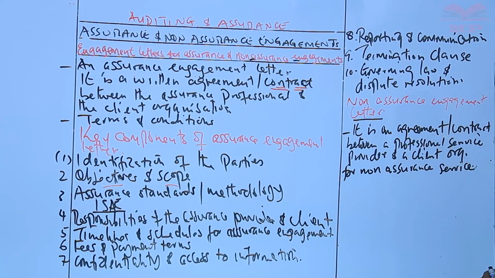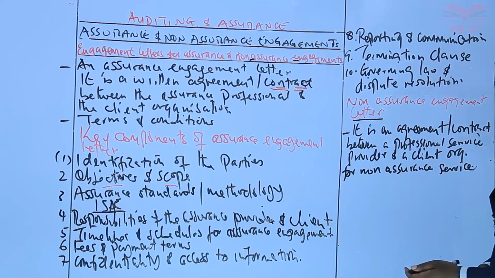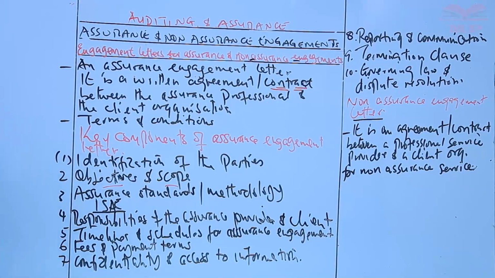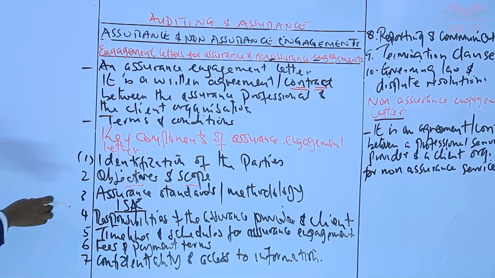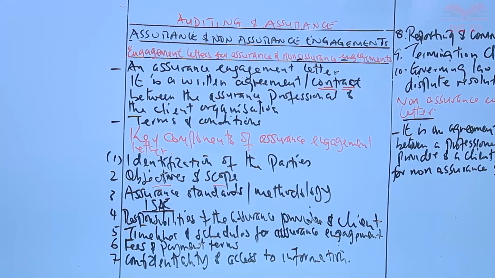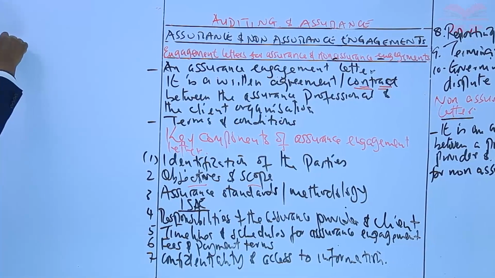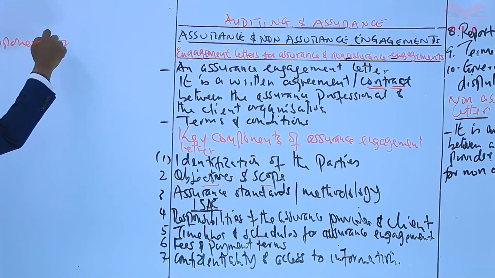So then, what are the key components? Key components of a non-assurance engagement letter, I write the key components right over here.